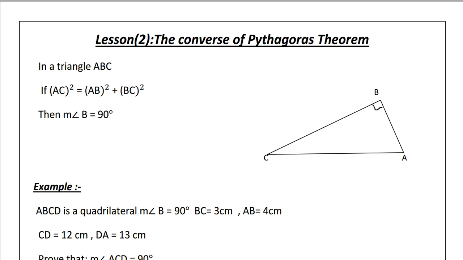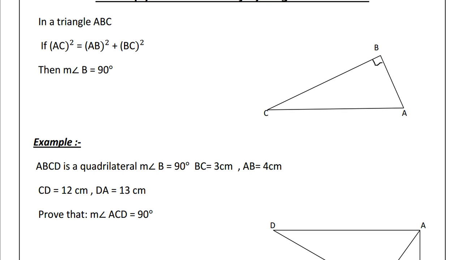So AC squared equals AB squared plus BC squared. Then after catching this info, we can prove that the measure of angle B is 90 degrees, a right angle. So the steps to prove that, we have an example here.